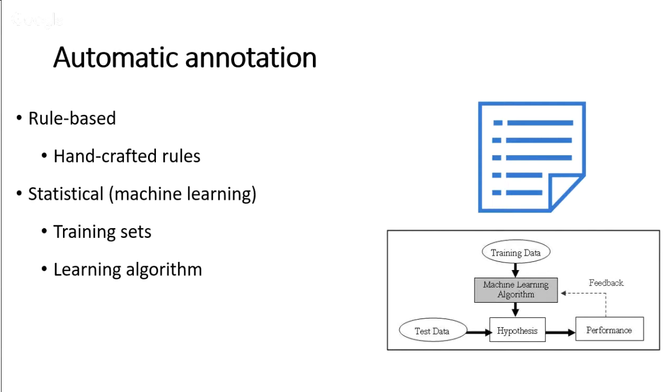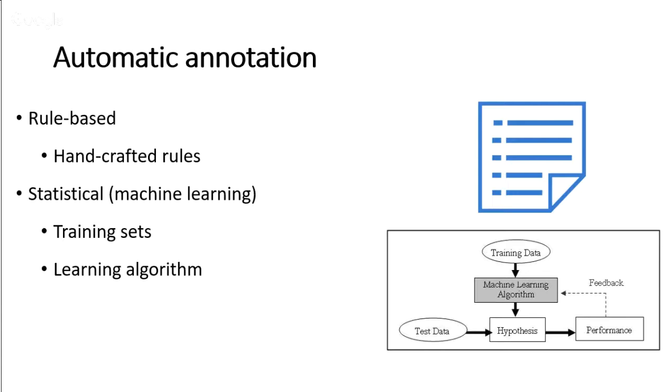So, for example, if you want to decide whether a word is a noun or a verb, you may say that if it has a certain ending, it's more likely to be a noun, etc. And then you can have rules for specifying very specific phenomena.